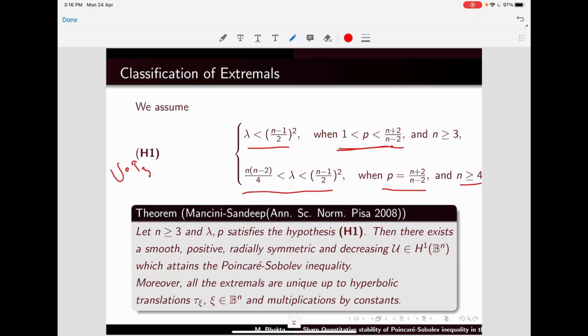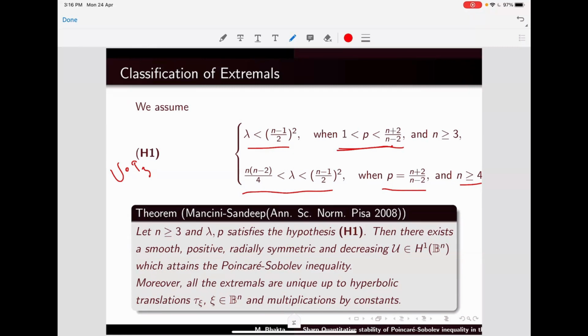The isometry group of the ball is nothing but finite compositions of reflections with respect to spheres which are orthogonal to S n minus 1. So this tau psi is an isometry. It is a hyperbolic translation which takes 0 to xi.